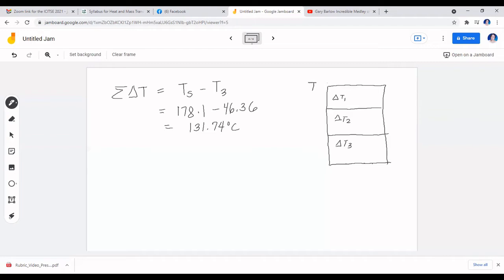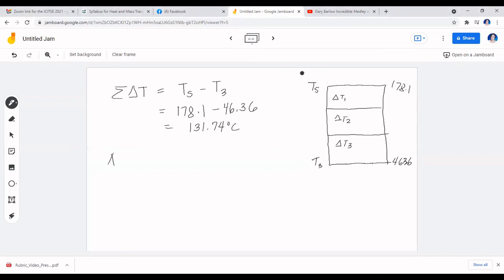This will be our steam temperature, which is 178.1, and this will be our last effect boiling point, T3, which is 46.36. Based on equation 8.5-6, the same equation that we used with no BPR, we can determine the delta T1, the delta T2, and the delta T3.